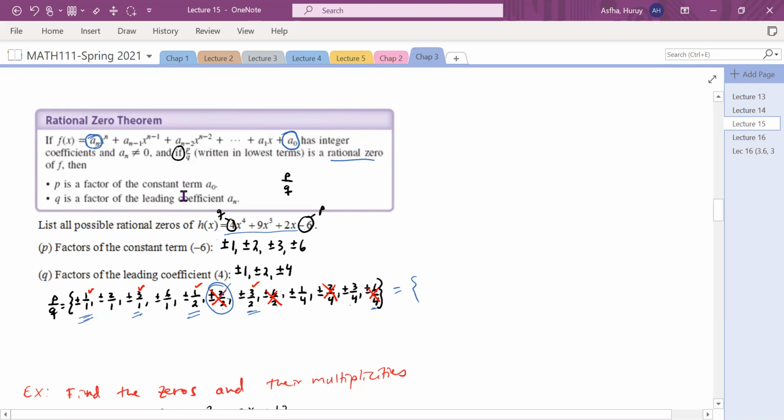That theorem says if we have the polynomial given by this format, and if the coefficients are integers, where a_n is different from 0, then, if p over q written in lowest terms is a rational zero of f, then p is a factor of a_0 and q is a factor of a_n. So this way we can list all the possible rational zeros of the polynomial.